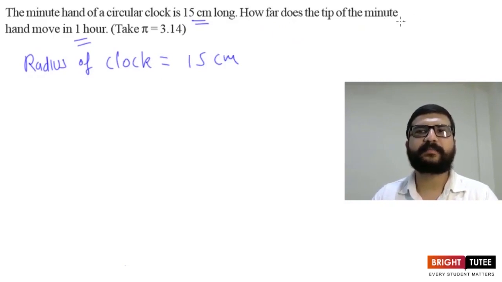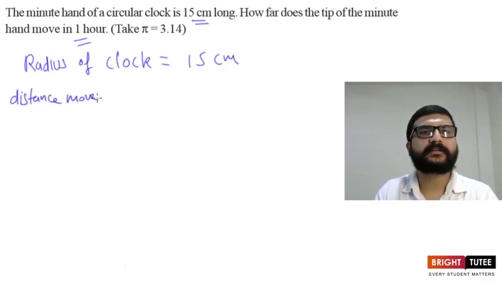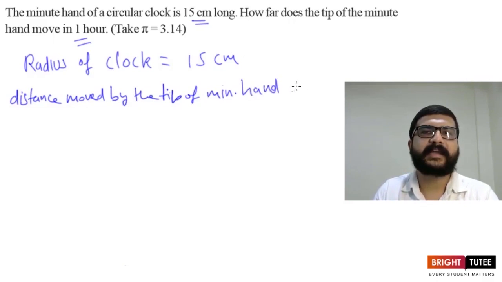What we have to tell is, how far does the tip of the minute hand move in 1 hour? So we can write the distance moved by the tip of the minute hand in 1 hour.